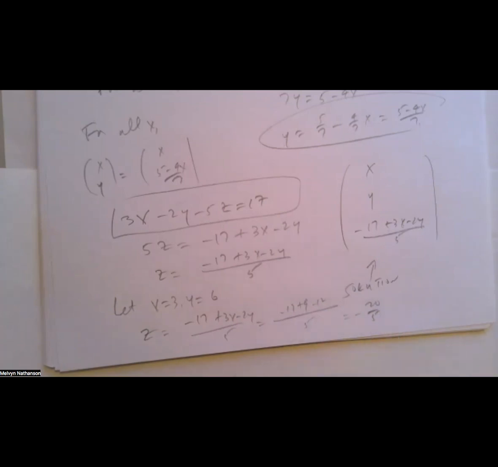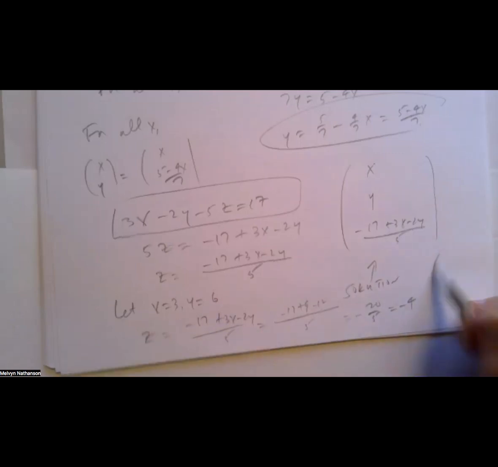Oops, is that right? Minus 17 minus 12 is minus 29. Plus 9 is minus 20. Minus 20 over 5 is minus 4. So when x is 3, y is 6, z has to be minus 4.